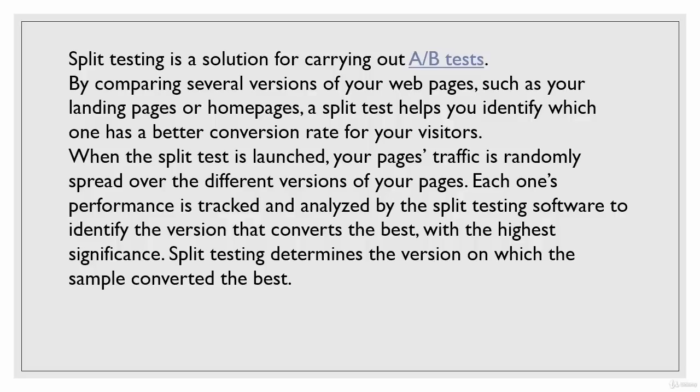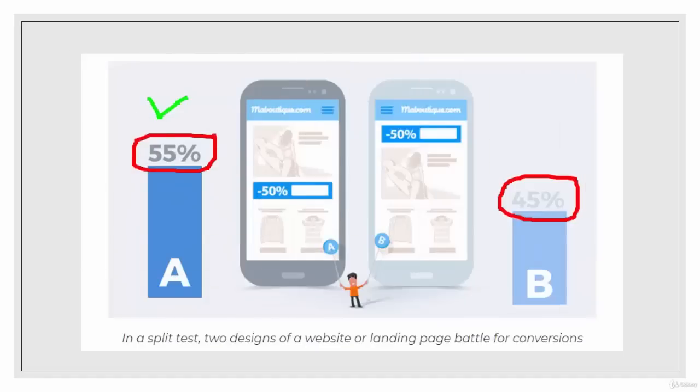Each one's performance is tracked and analyzed by the split testing software to identify the version that converts the best. With the highest significance, split testing determines the version on which the sample converted the best. In a split test, two designs of a website or landing page battle for conversion.